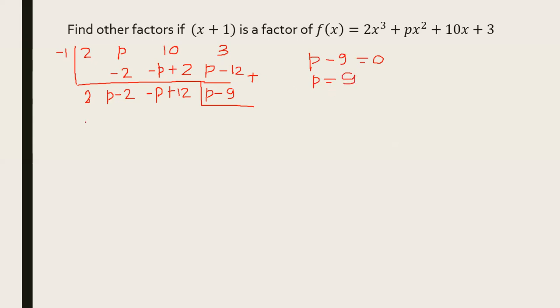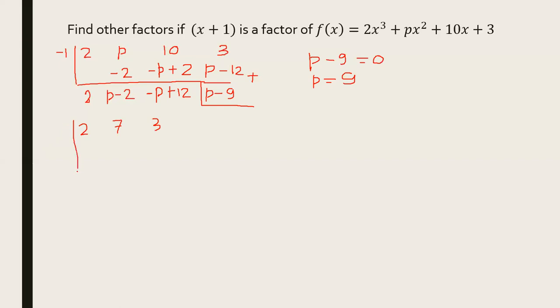If p equals 9, this quotient can be 2, 9 minus 2 equals 7, and this one becomes negative 9 plus 12, becomes positive 3.